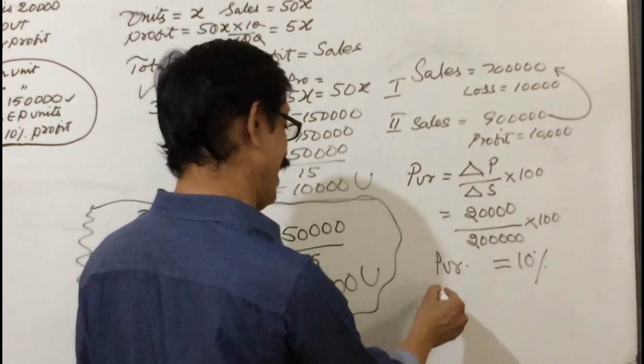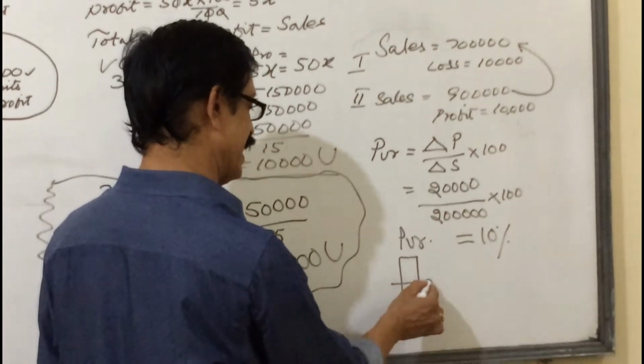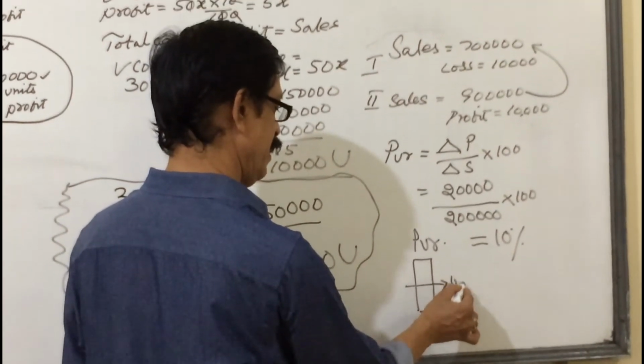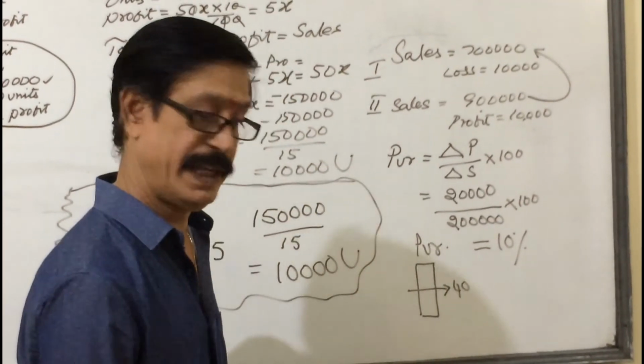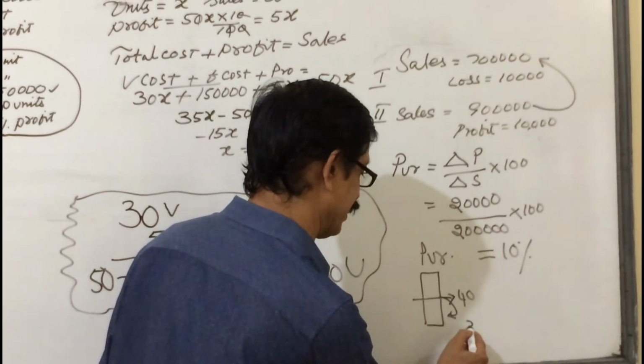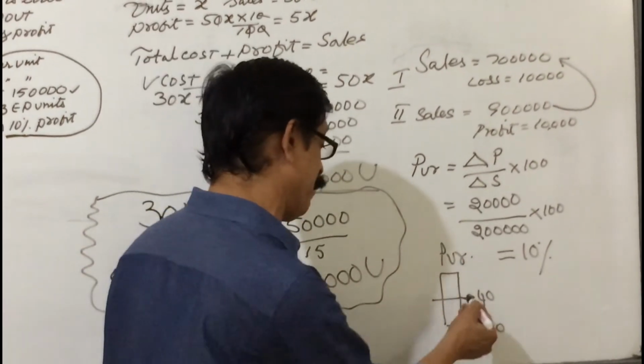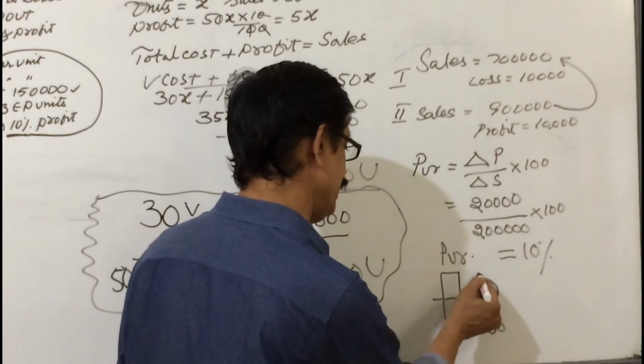I will explain in another way also. Suppose the pass mark is 40. A student failed by getting 10 marks less, that means he got 30. Another student got 10 marks more than the pass mark, that means he got 50.